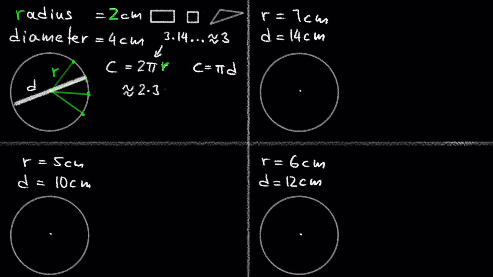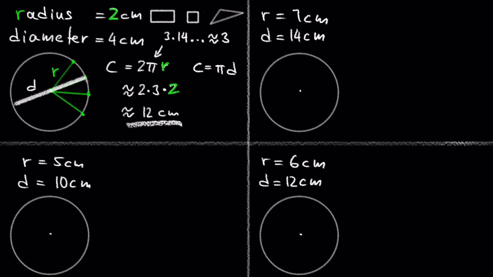Times 2. Two times 3 is 6, times 2 is 12. So the circumference of this circle is approximately 12 centimeters, and we're done with this problem.